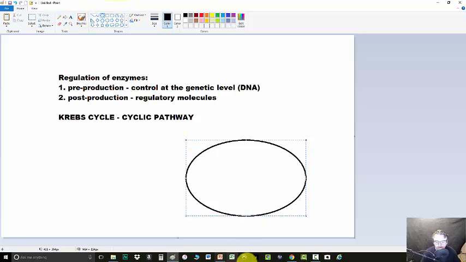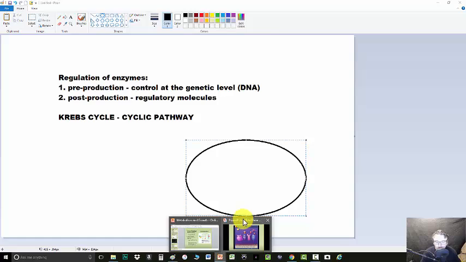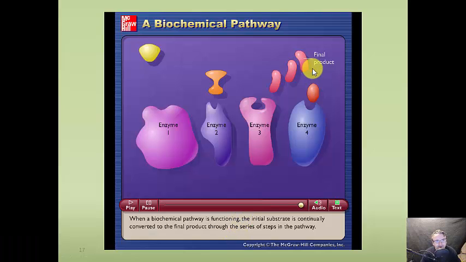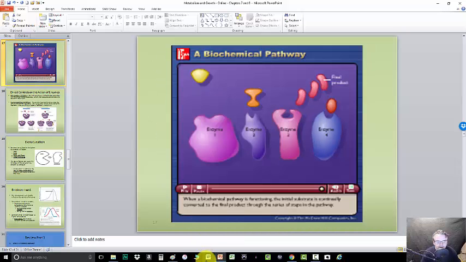It's going to be kind of hard to draw. I'm going to skip that here. I don't know if that makes sense, but think about it this way. The cell has only so much room, and as the product builds up, it starts to saturate the cell. As it saturates, it becomes closer and closer in contact to the first enzyme in the reaction.